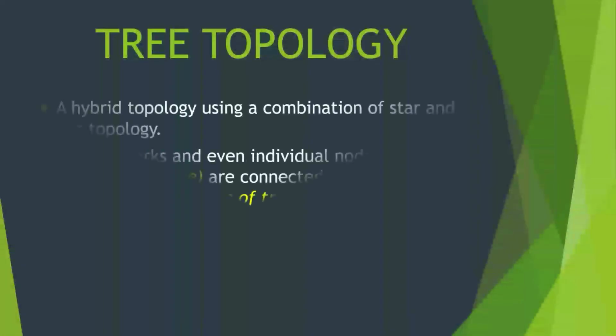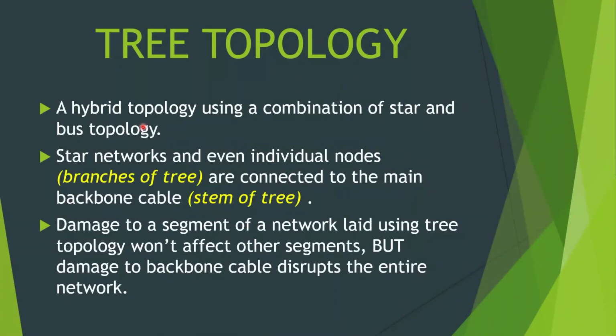Tree topology. Tree topology is basically a hybrid topology, and it is a combination of star and bus topology. Star networks and even individual nodes of tree topology are connected to the main backbone cable. Here we can suppose the individual nodes as branches of a tree and the main backbone cable as the stem of the tree.